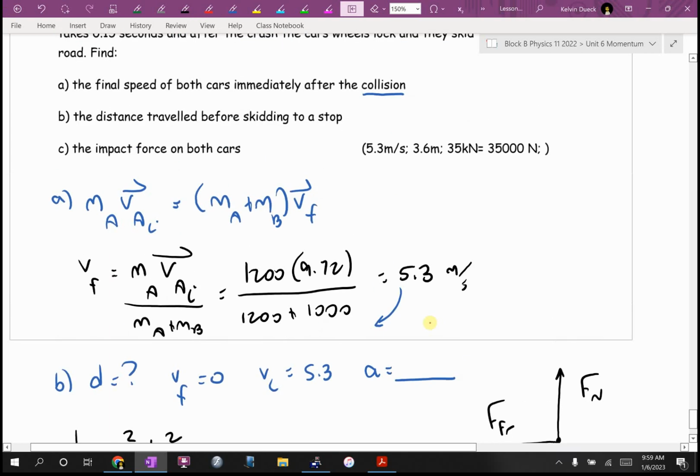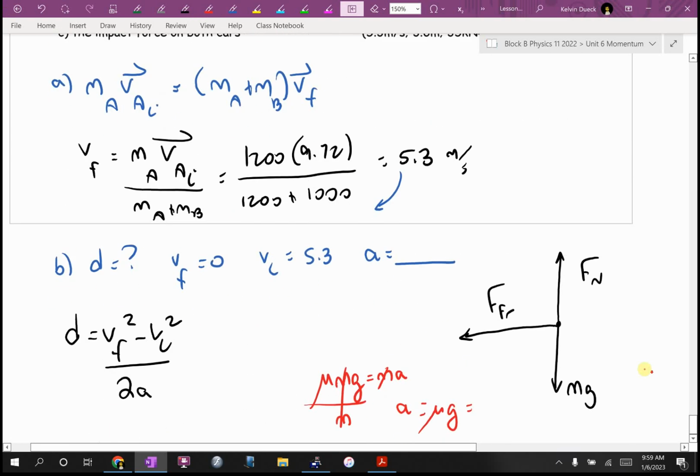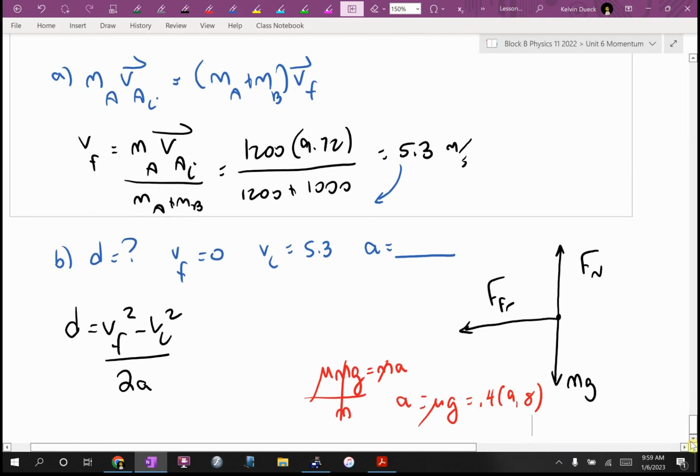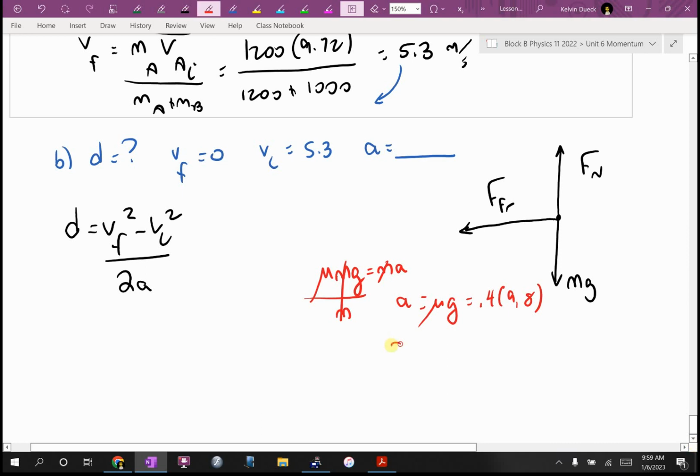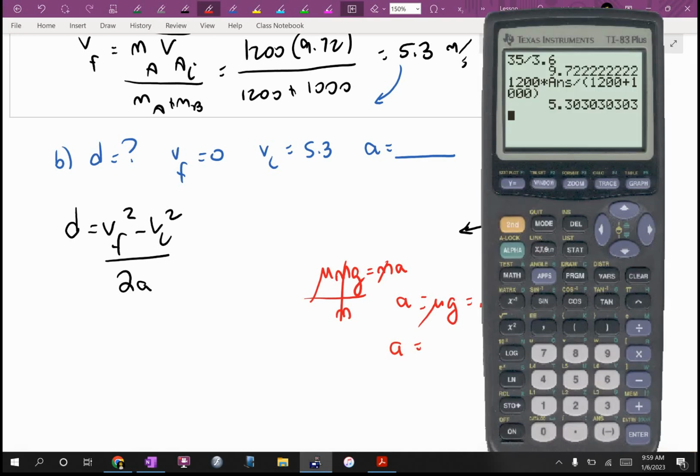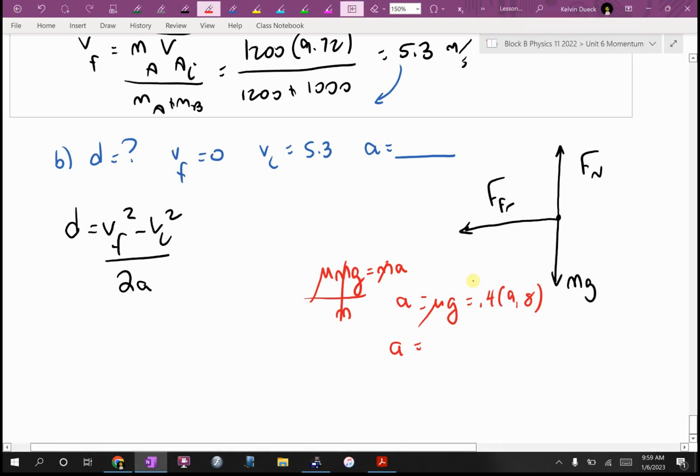And what's mu? I don't know what's mu. Mu is 0.4 times 9.8. The acceleration ends up being 3.92 meters per second squared. Now, when I plug it in over here, I am going to make it negative, because in kinematics, negative meant slowing down.